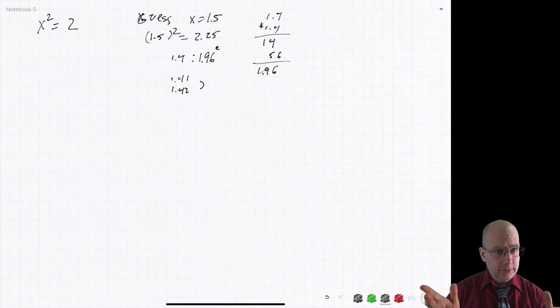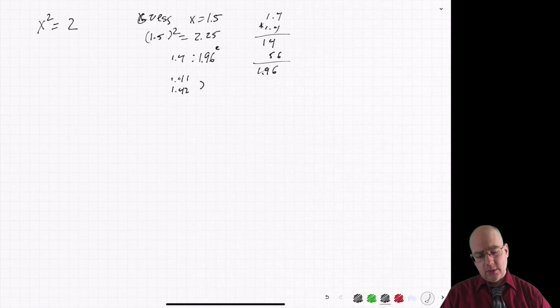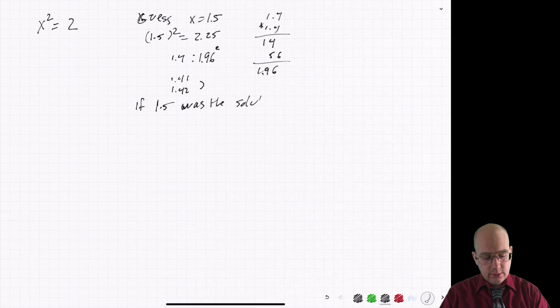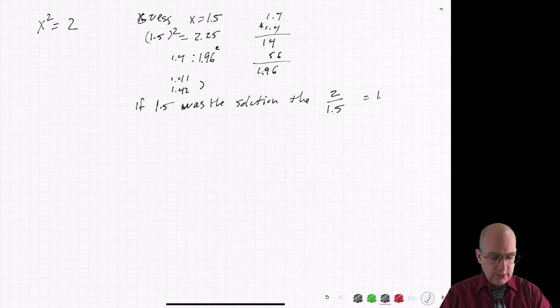What if you had a little bit of thinking? Well, that could be nice. So, if our guess, 1.5, was the solution, then 2 divided by 1.5 would basically be equal to 1.5, right?